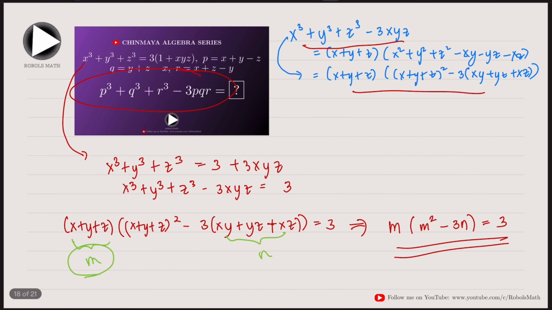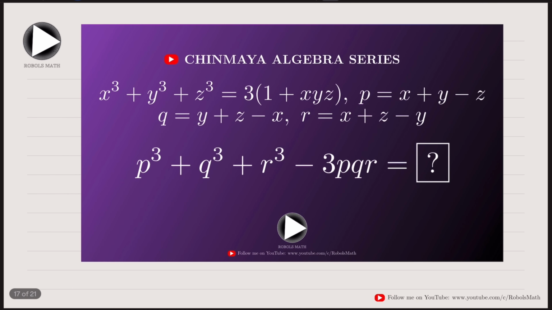But if we go back to our previous analysis, we have here m times m squared minus 3n equals 3. And the expression we had earlier is 4m times m squared minus 3n. This one is 3. Therefore, the entire expression is just equivalent to 4 times 3, or 12. Therefore, the answer we're looking for is 12. And that's our final answer.